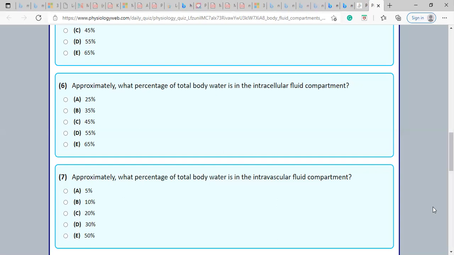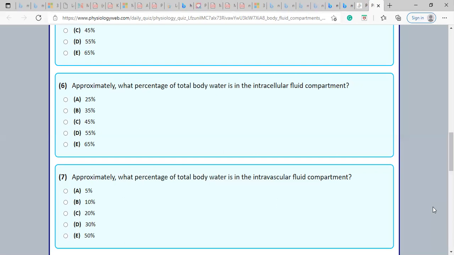What did you get? Let me do it on my calculator. So we are saying what percentage of total body water. X over 100. 7.1. What did you get? 7.1. Okay, let me see.